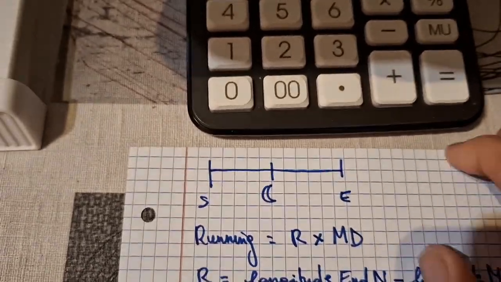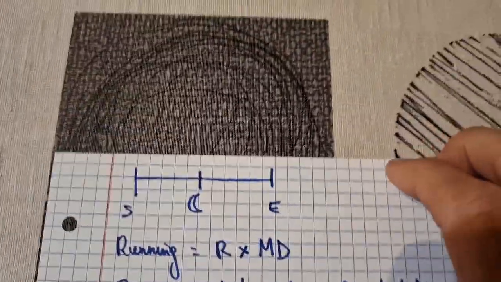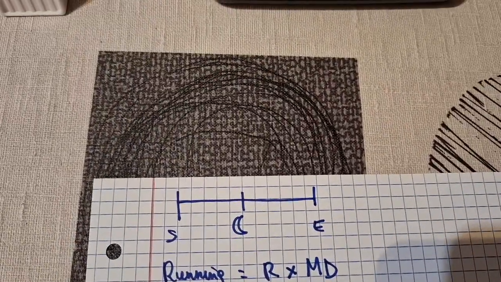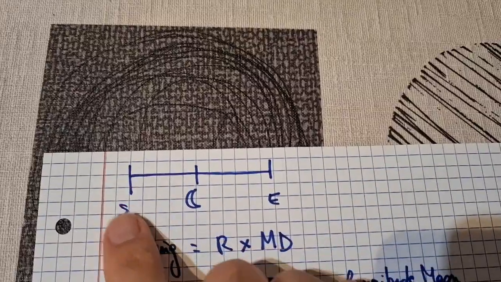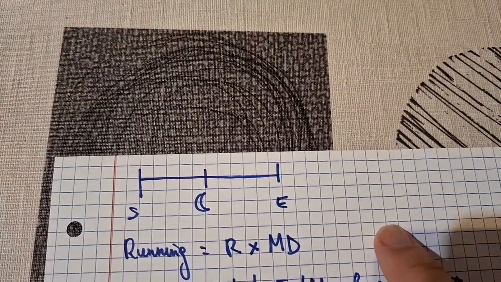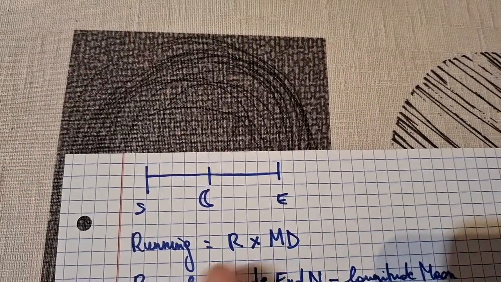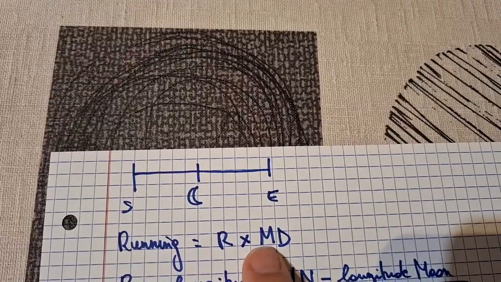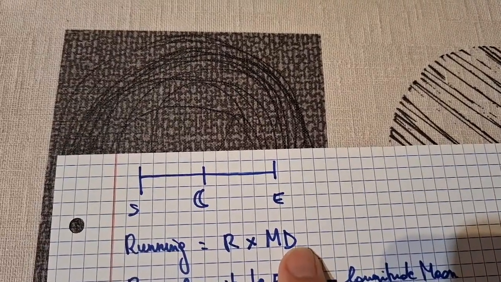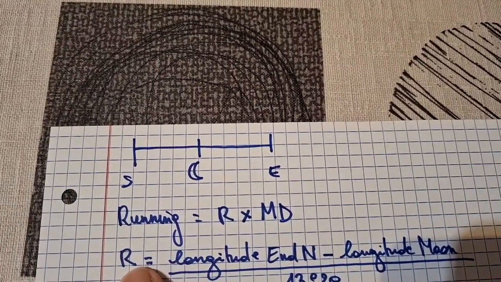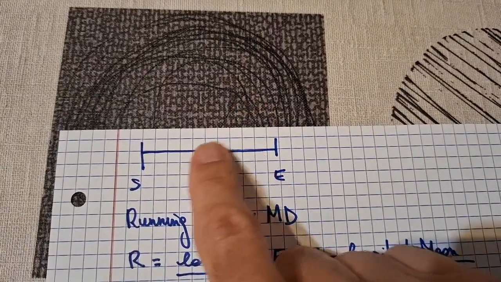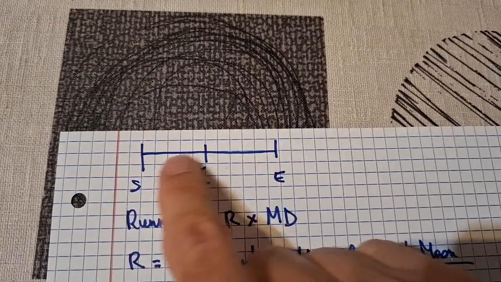So let's take an example. To calculate the balance, it's the same way as in Vimshottari Dasha. So you take the ratio times the Mahadasha years. The ratio is always part over the whole.